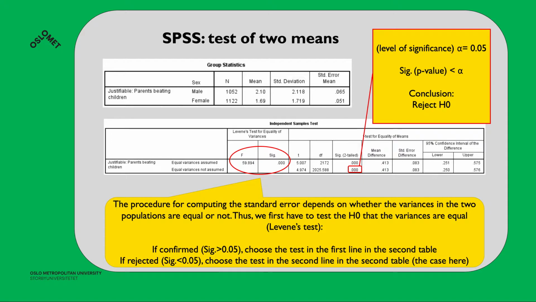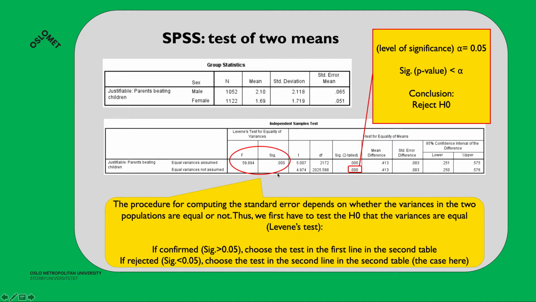So the first thing we have to look at is whether this test is significant or not. Because the procedure for computing the standard errors depends on whether the variances in the two populations are equal or not, and the standard errors go into the calculation of the p-value. So we first have to test the H0 of the variance, whether the variance is equal or not.